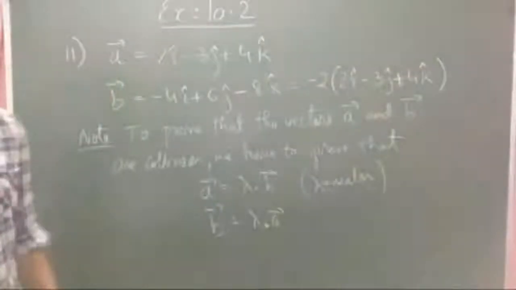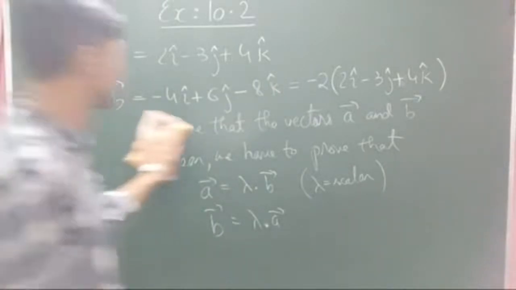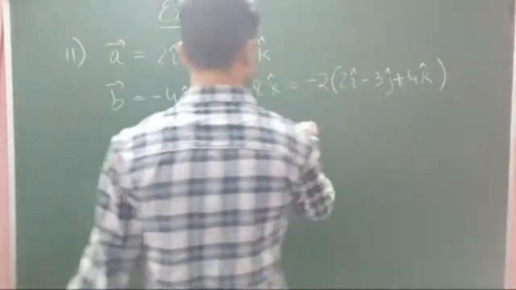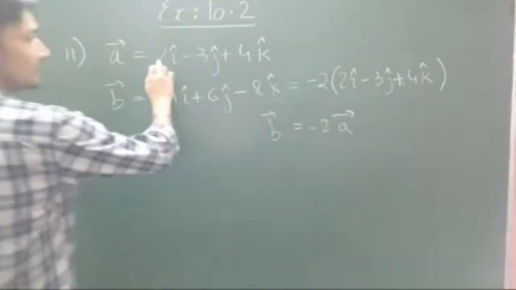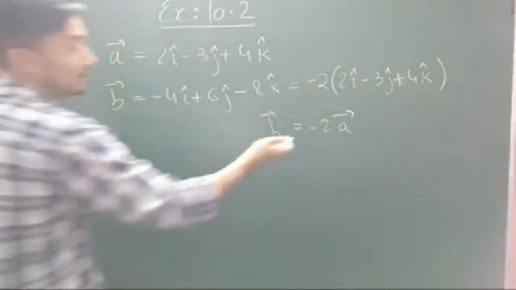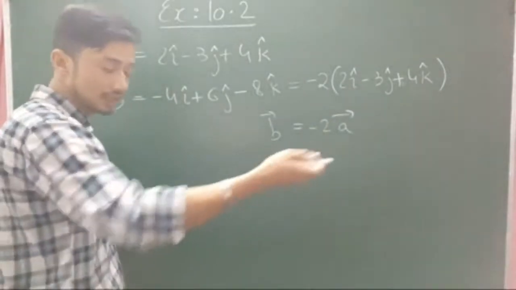Okay. So you can see that this note is done, isn't it? So I'm going to rub this part. So that means I can write this vector b as minus 2 times vector a, that is 2i minus 3j plus 4k, where lambda is minus 2. That means it's in the opposite direction. Minus represents opposite direction.